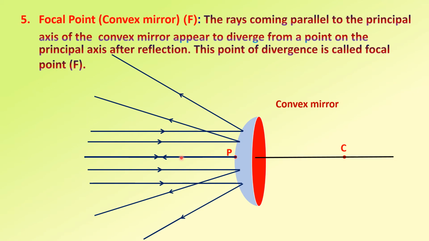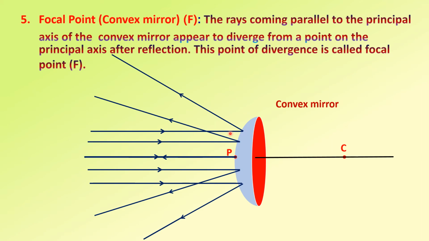These reflected rays appear to be coming from a point on the other side of the mirror. Okay, so if you draw the extensions backwards, all these extensions will meet at one point on the principal axis. That point is called as the focal point or focus in case of convex mirror.